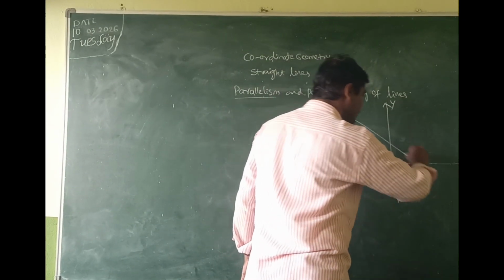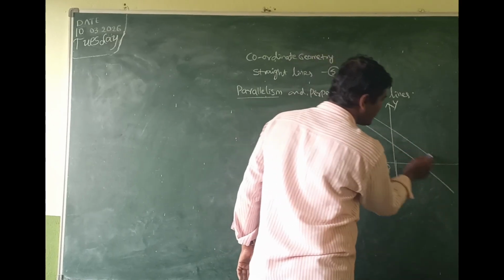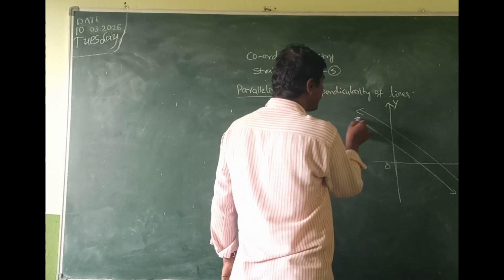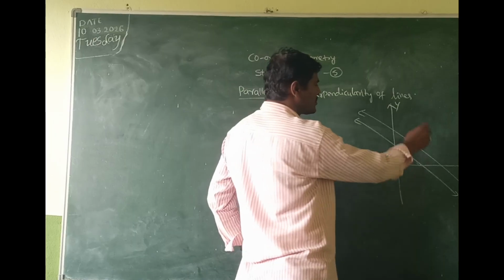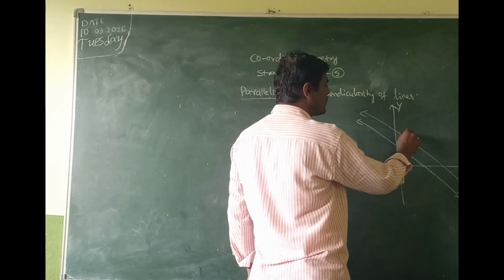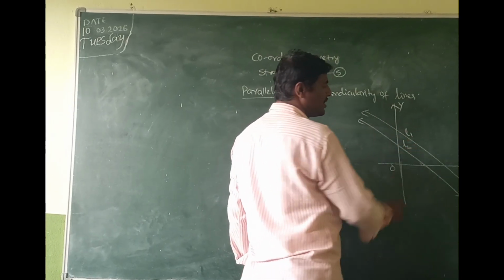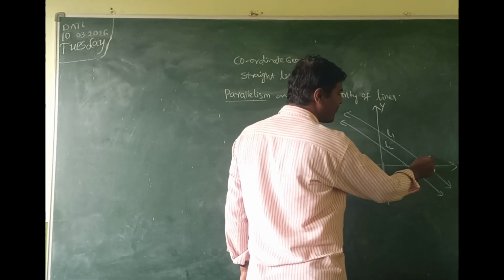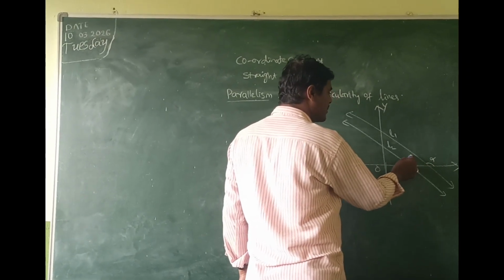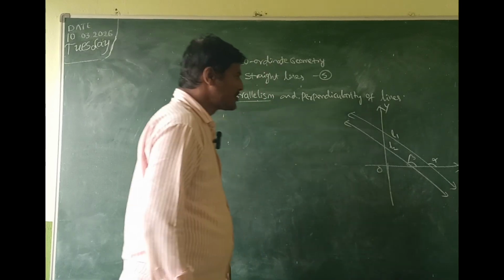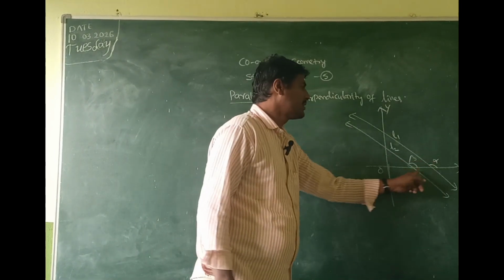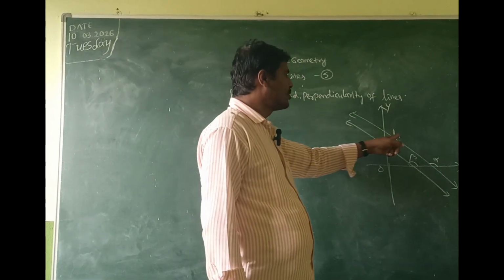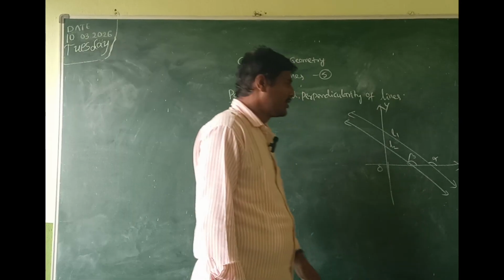Now these two lines are passing through like this. This is L1, this is L2. Here the inclination is alpha, and this is beta. So alpha and beta are the inclinations of the two lines L1 and L2.